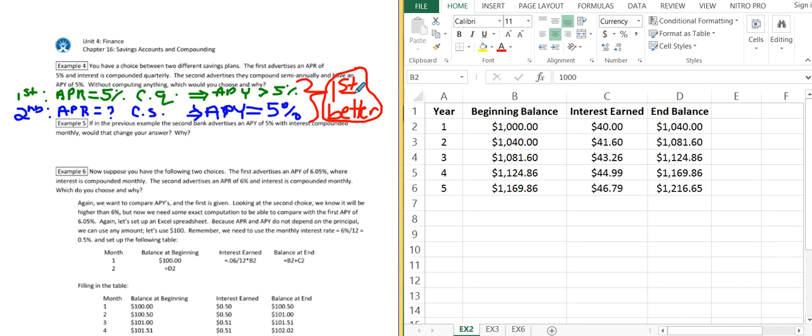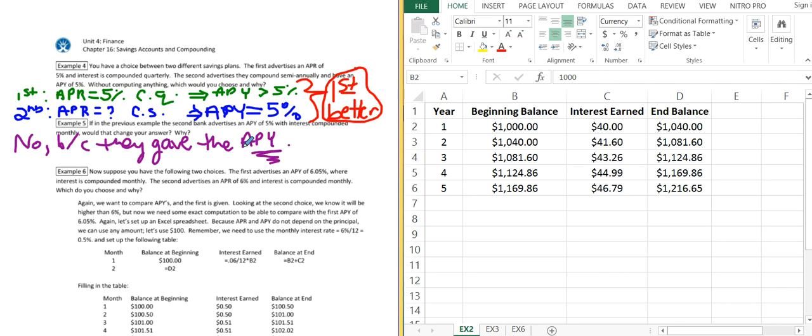However interest is determined, monthly, quarterly, daily, they've already told me the percent I would actually yield. So no, it would not change my answer because they were reporting the APY. They were already giving me the end result.